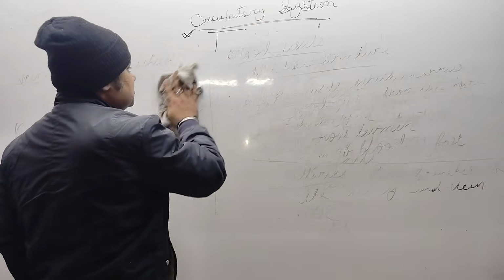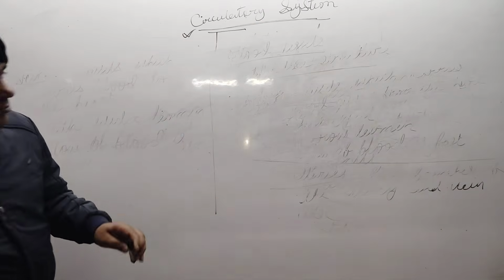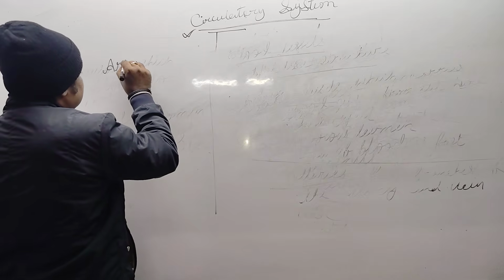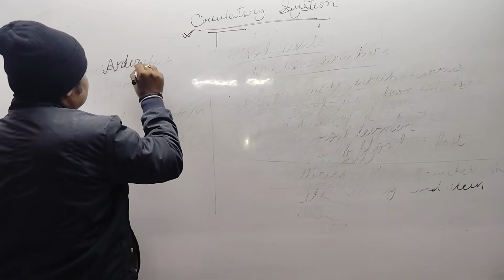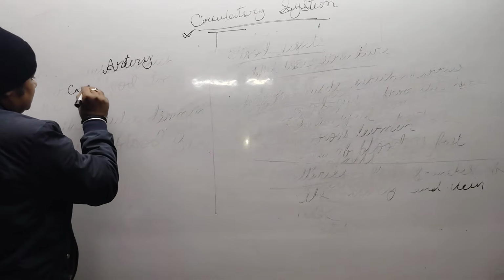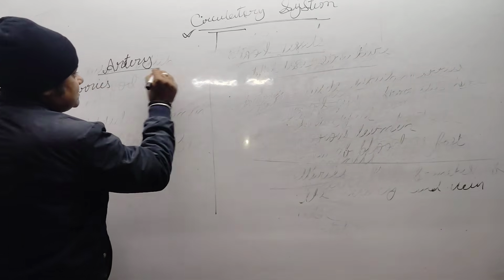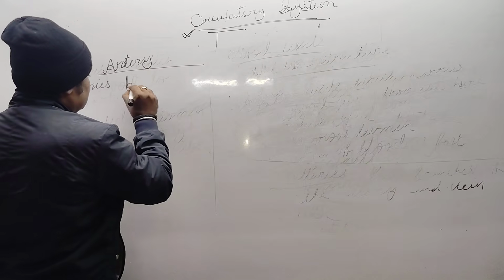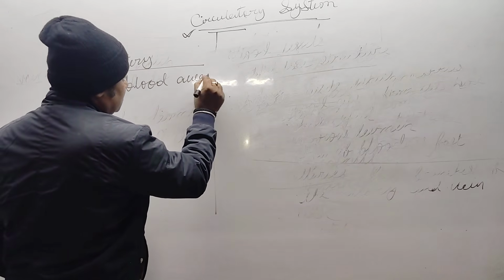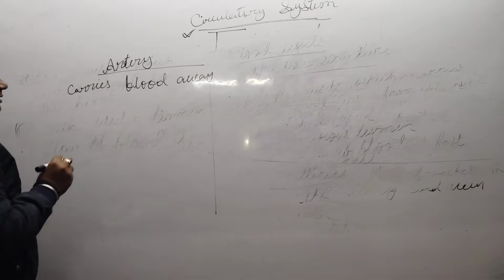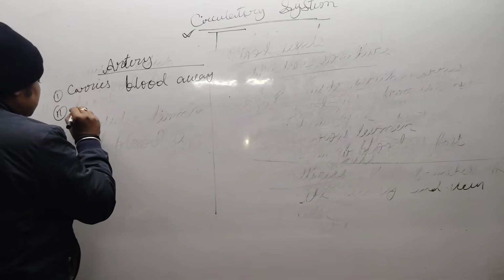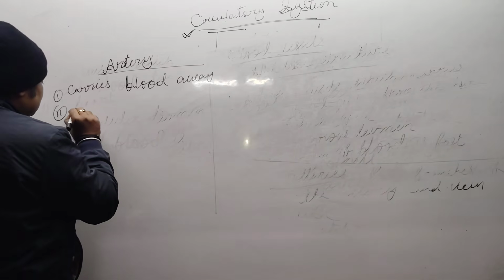There are some exceptions, so we will understand both one by one. The artery carries blood away from the heart. It carries pure, oxygenated blood.